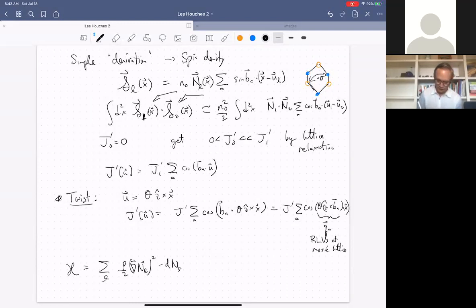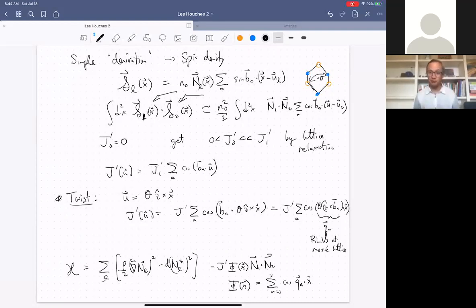For each layer, we have a spin stiffness and a small anisotropy. And then we have a spatially dependent coupling of the two Néel order parameters, where this function phi of x is just the sum of these three harmonics, three elementary reciprocal lattice vectors of a hexagonal unit cell.